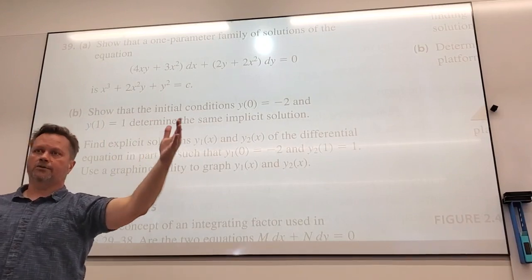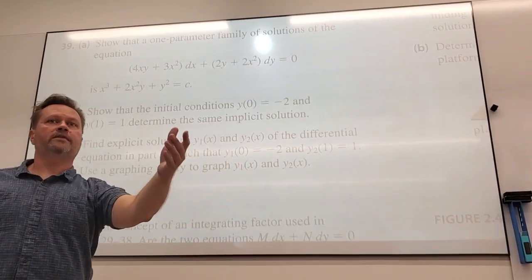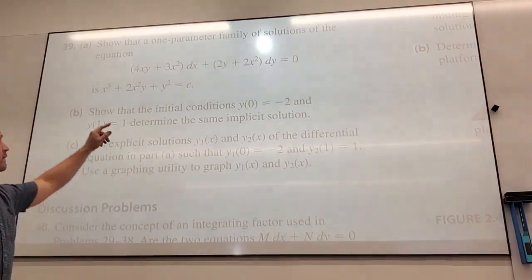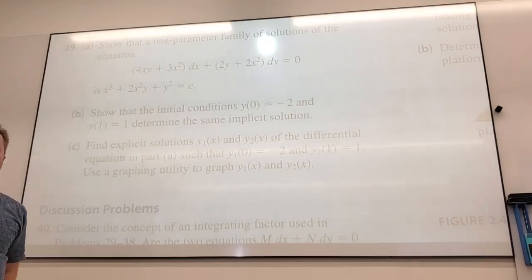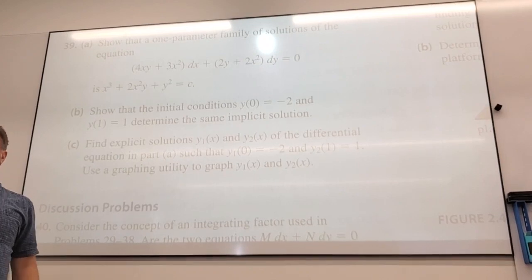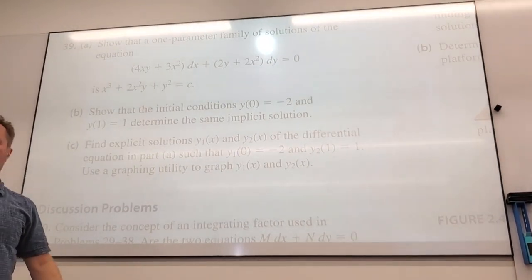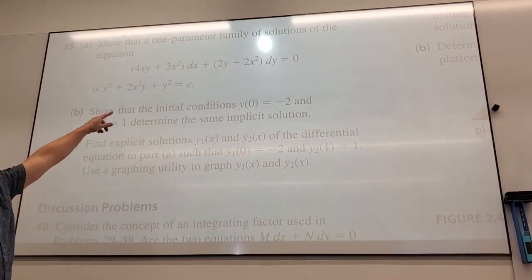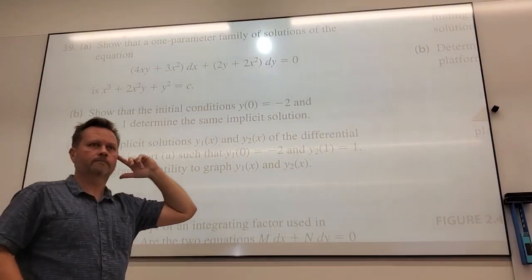It's not solved for x or y. If I solve it, that's explicit. Right? Not gratuitous, but explicit. This is implicit because I don't know what y or x are. It's just implied they're functions of each other. Implicit. Okay, good. Is that right? Yep. So all it takes to be the same solution is have the same C. Yeah.